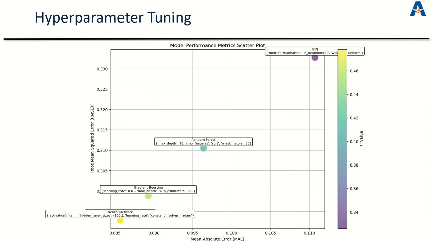So from here, we can conclude that only looking at RMSE or MAE or R square value is not an optimal way of doing it. We have to assess all of these parameters to conclude the best model.